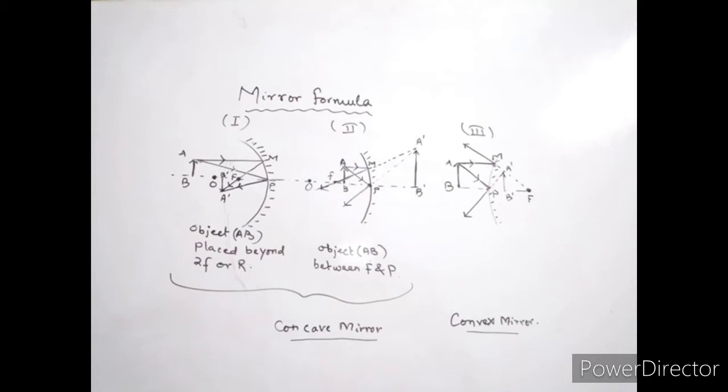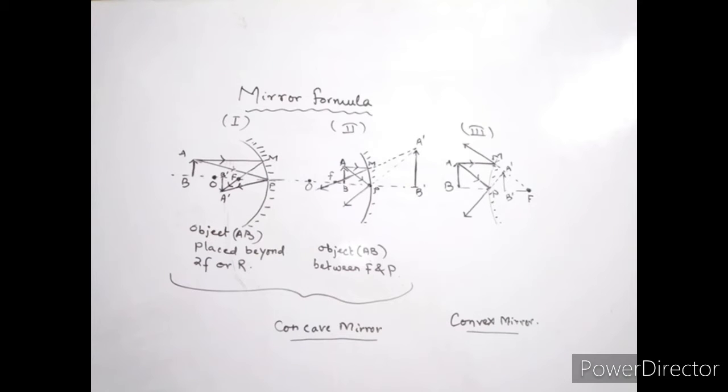Of the two rays that are coming out, one is taken parallel to the principal axis and strikes the mirror, each of the mirrors, be it convex or concave, at the point M, and then it gets reflected.